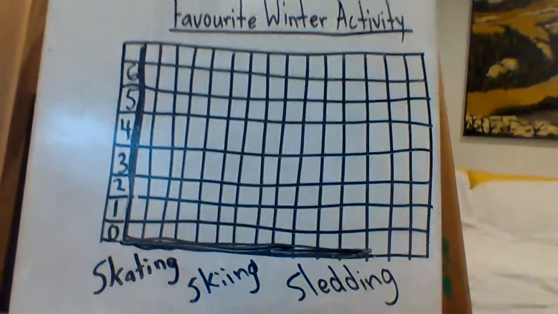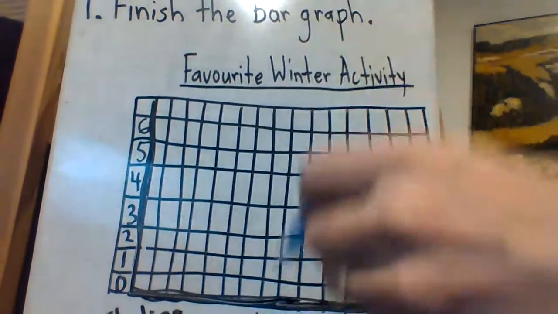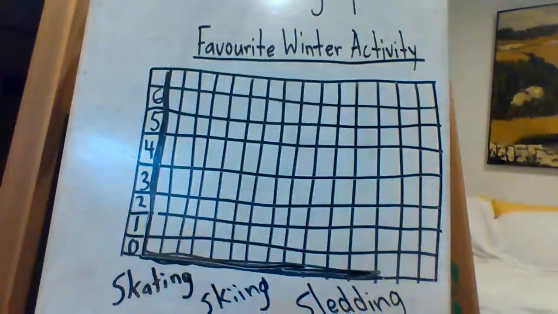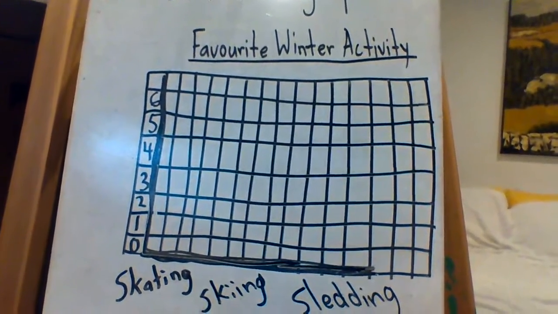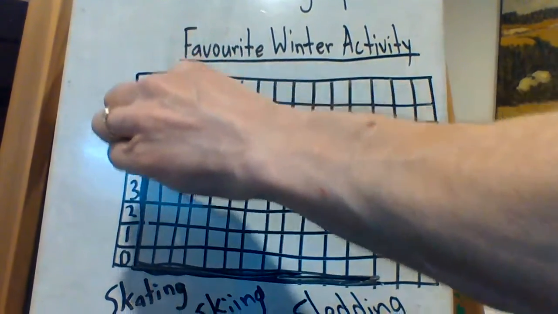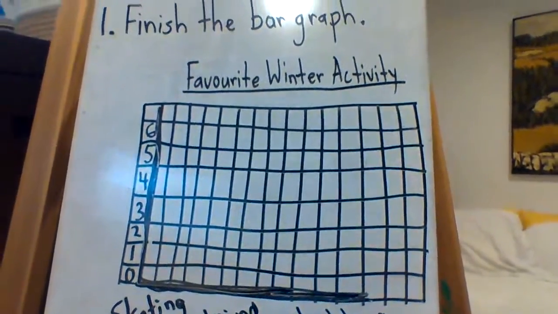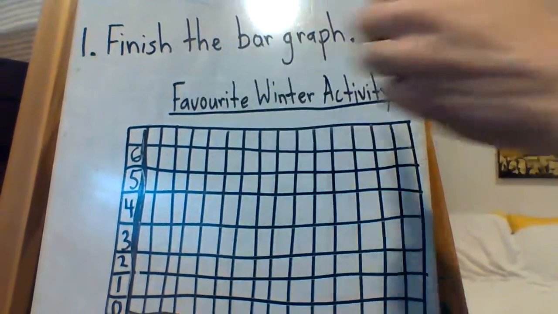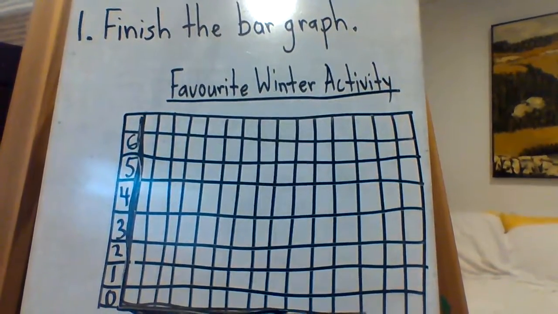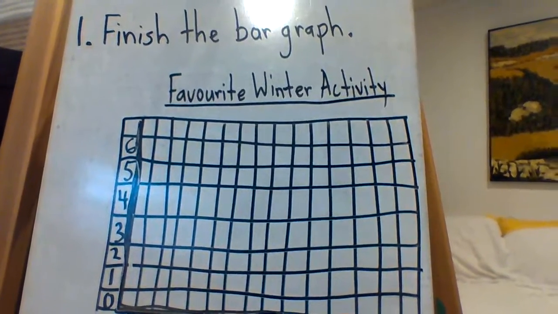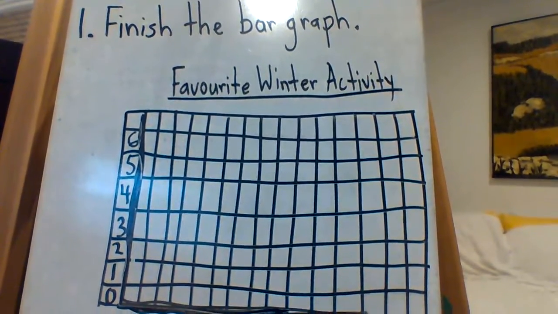Okay, so here we are. We have the axis, like I said, right here. So we drew the axis already. Okay, we wrote the title. Good. Label one axis. So we have to label one axis of what it is.